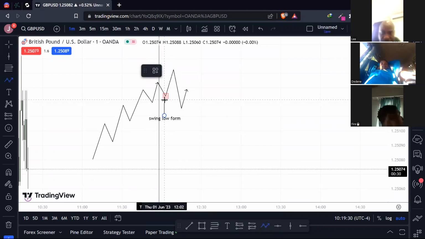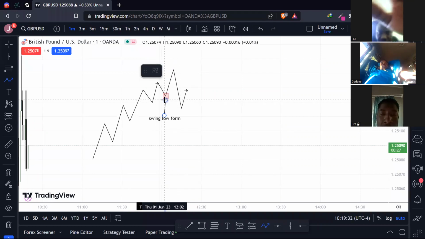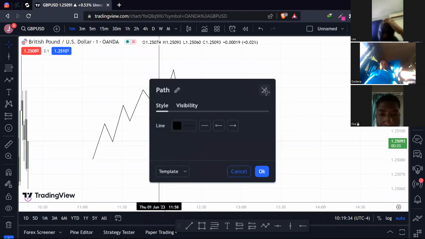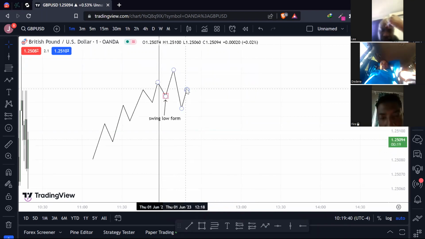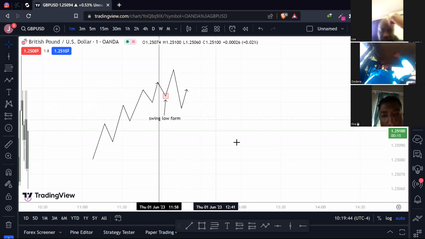This is where the swing low forms right here. So we need a break of the swing low and the price to retrace to the fair value.